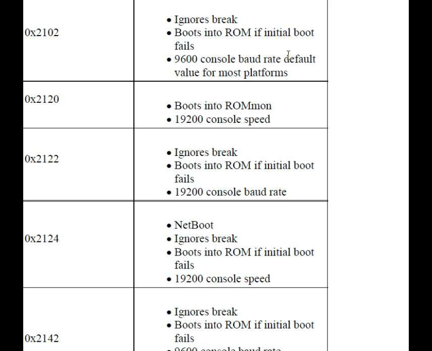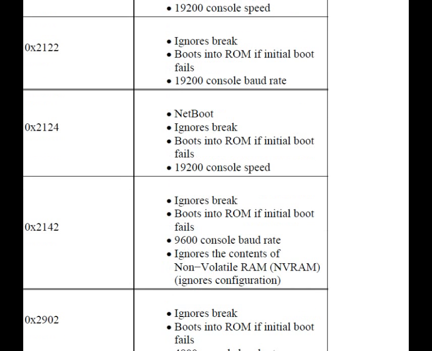9600 console baud rate is the default value for most platforms, and it's something you'll have to configure frequently in the terminals. This default doesn't address the specifics of NVRAM. What we're going to do is change that configuration register to 2142.